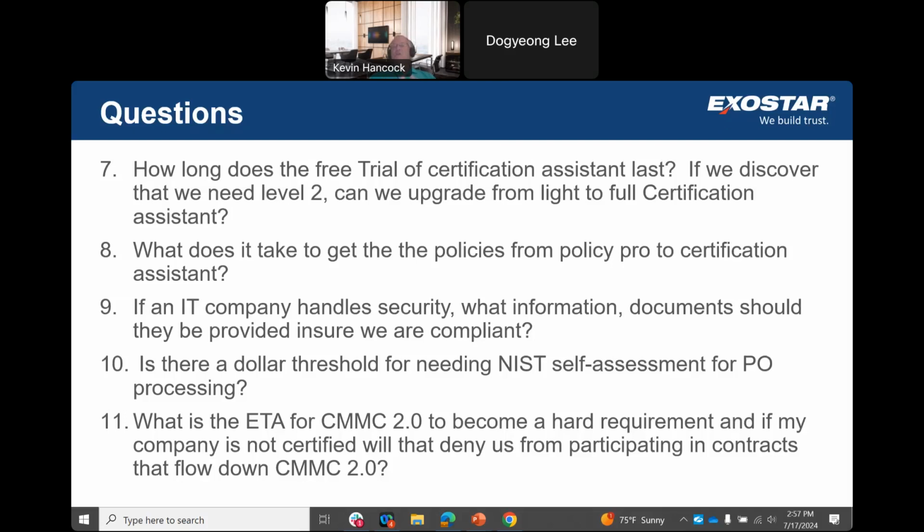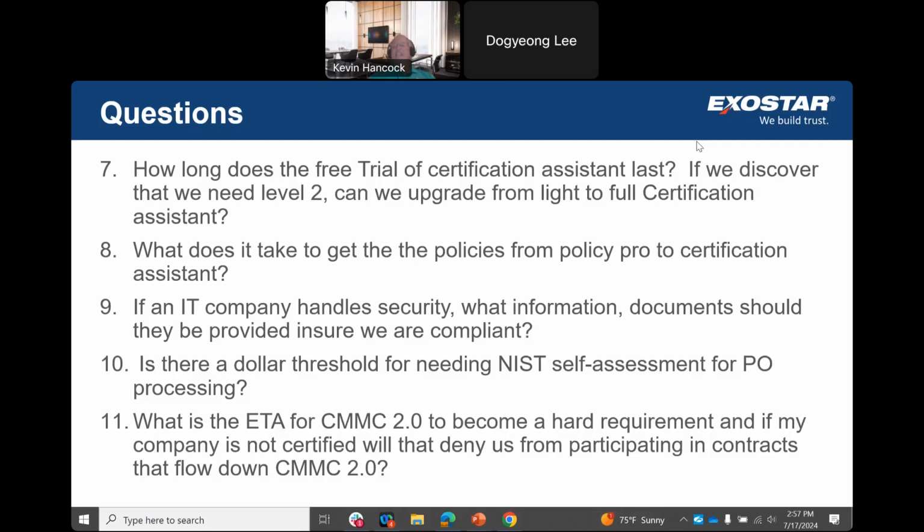Because I know there are a number of the primes out there that are sending questionnaires about SPRS score and those kinds of things, and they may have a requirement. Exostar itself doesn't have one. The DoD doesn't necessarily have one, but the primes may have one of who they'll do business with, what scores, etc.